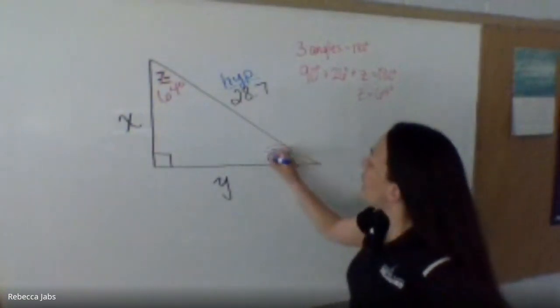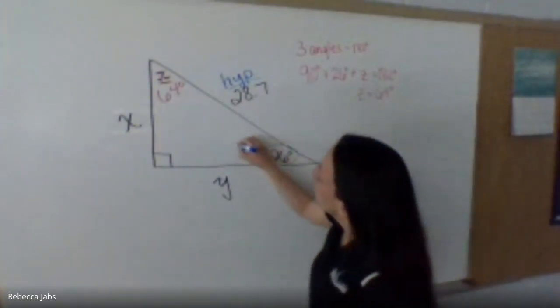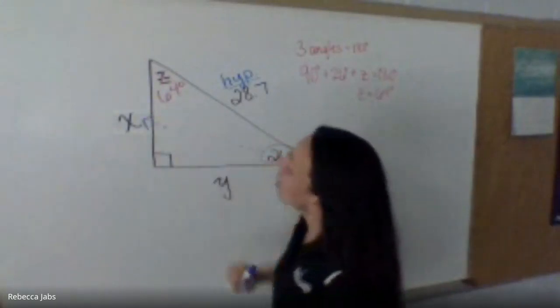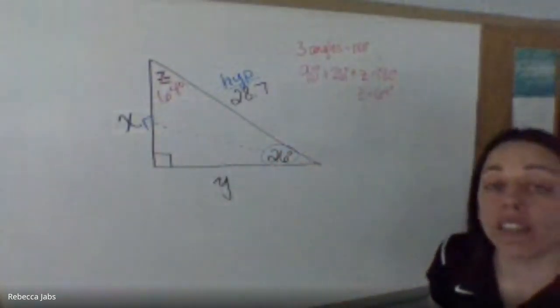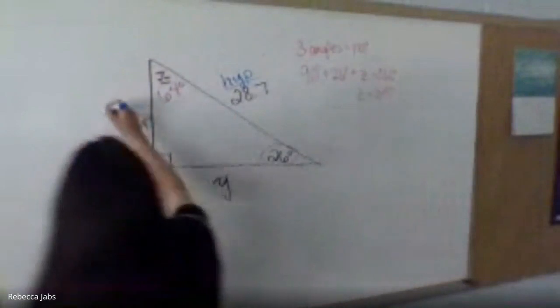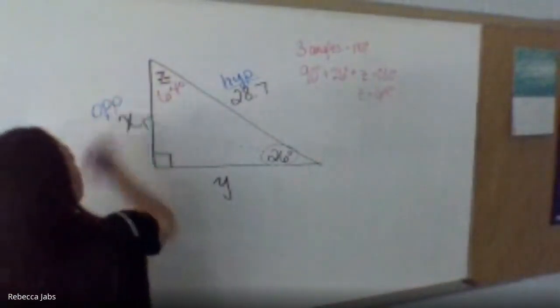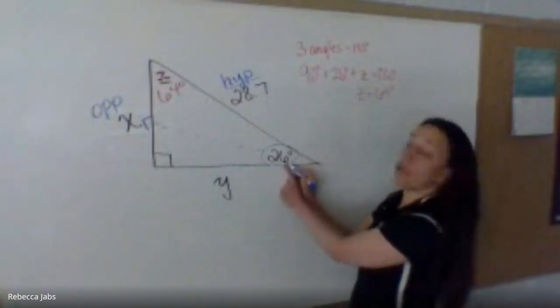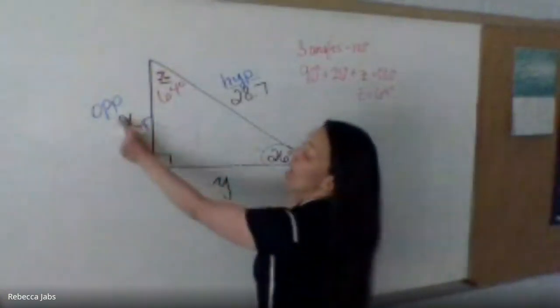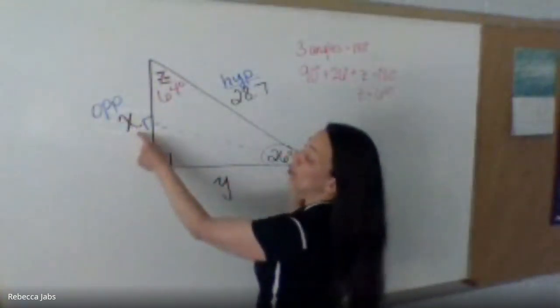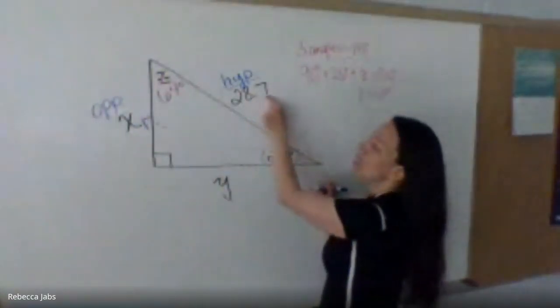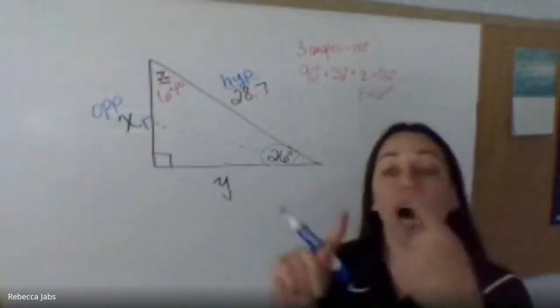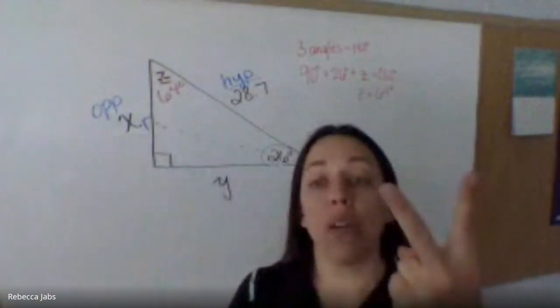So please remember, if I go across the triangle from 26, that would be considered my opposite leg. So what happens if I know 26 and the opposite leg is an unknown, but the hypotenuse is 28.7? Uh-oh, I have opposite and hypotenuse.